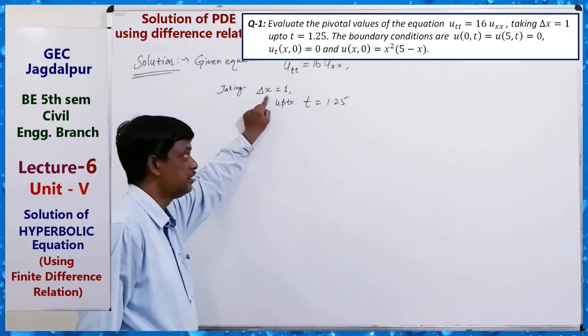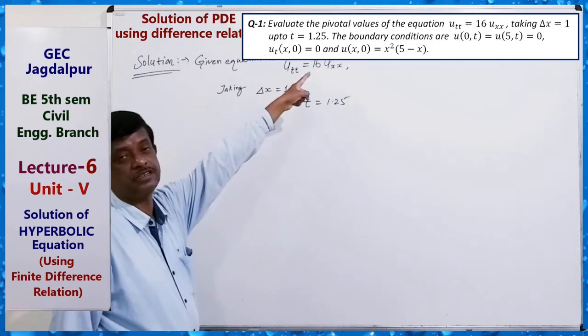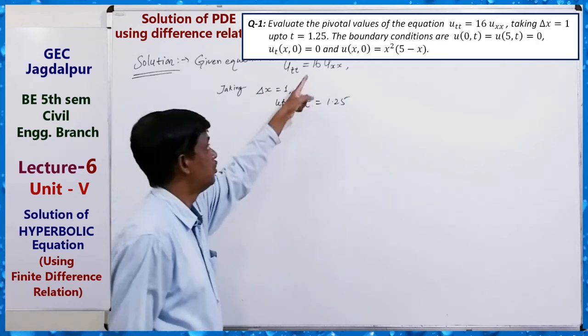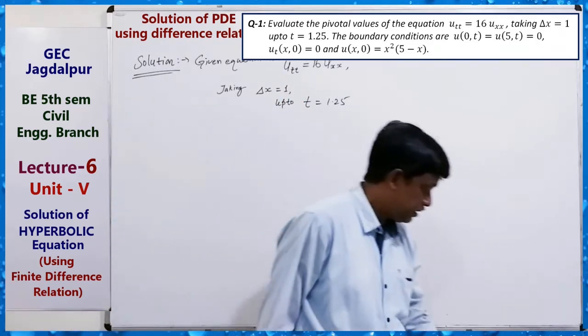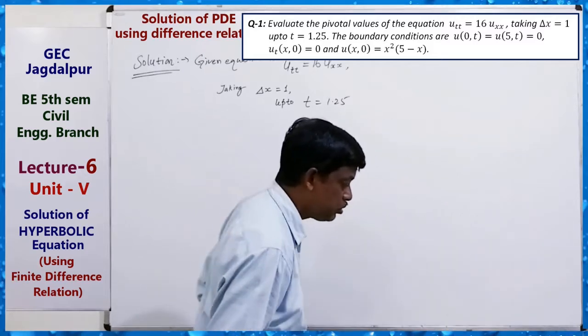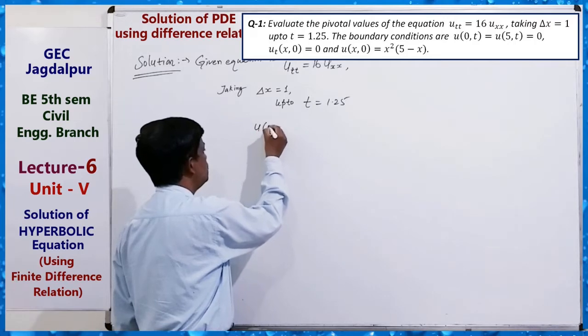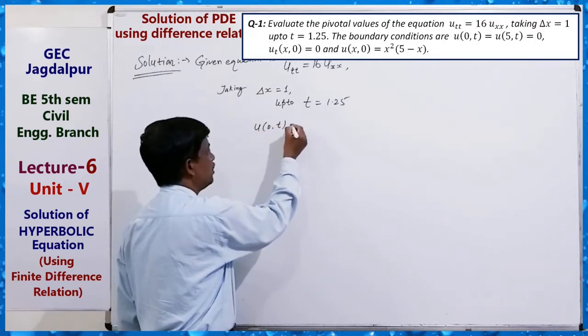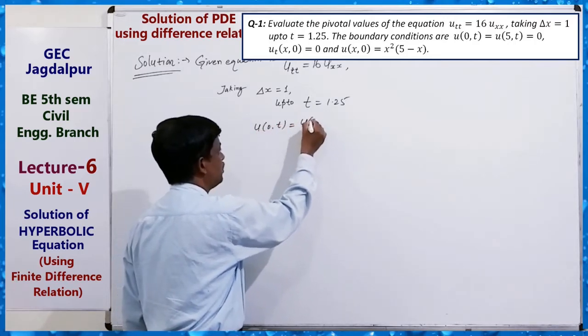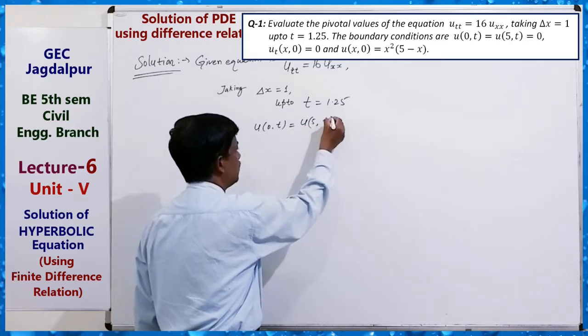h equals 1, c squared equals 16, so c equals 4. The boundary conditions are u(0,t) and u(5,t) equal to 0.